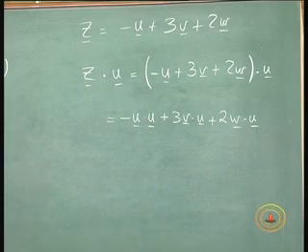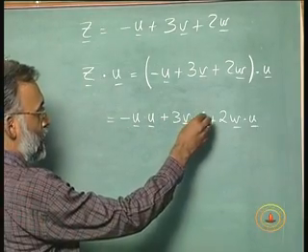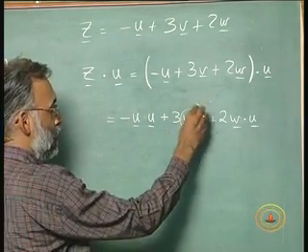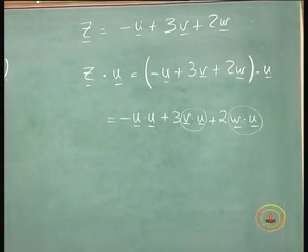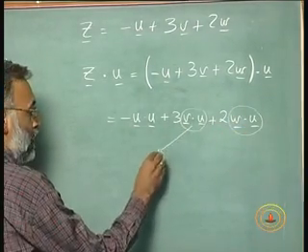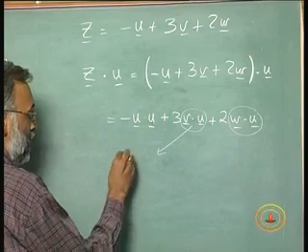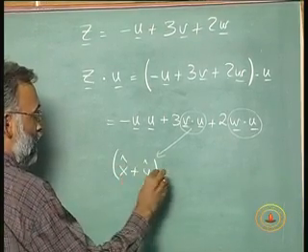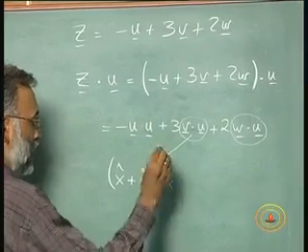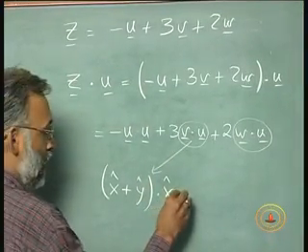And immediately there is a problem, because this v dot u and w dot u, what are they actually? V is unit vector along x plus unit vector along y dot unit vector along x. So, it is equal to 1.